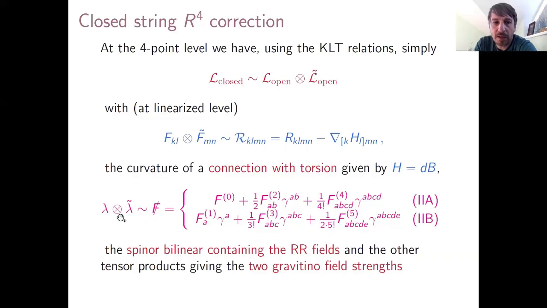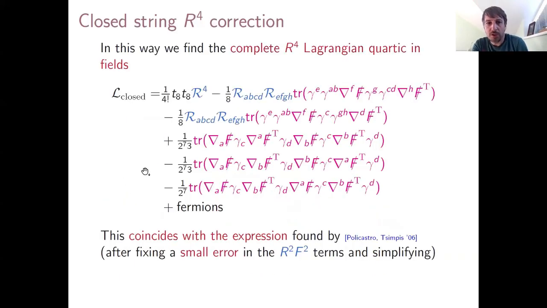No, lambda times lambda tilde is F slash. But then it depends on how the spinor indices are contracted. So this has two spinor indices, some alpha and beta. And then it depends on how those are contracted. When I rewrite it in terms of this trace, I will find that sometimes I get the transpose appearing.